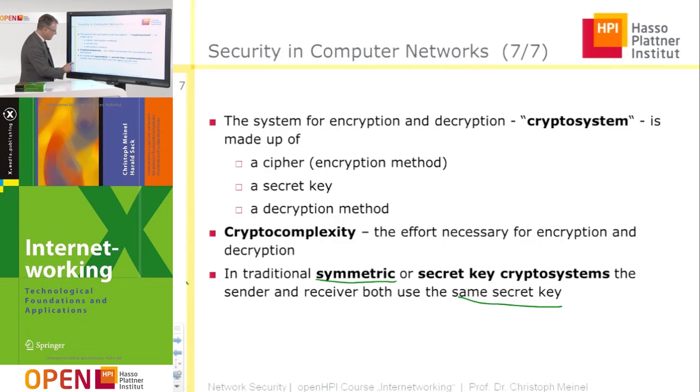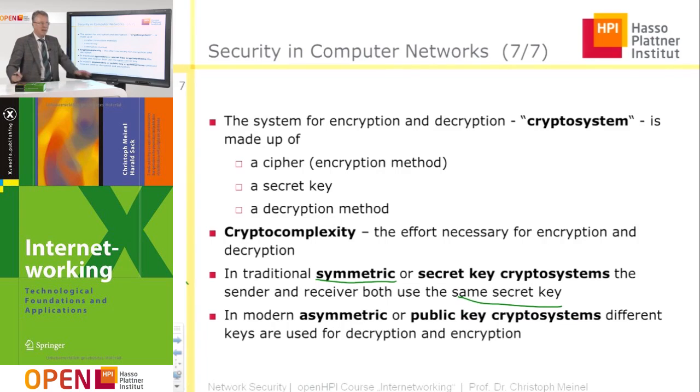For that reason, for internet applications, another type of encryption system was developed: the modern asymmetric or public key crypto systems. Here the encryption is performed with different keys. There is a public key that can be easily communicated over the internet, and there is a corresponding private key.